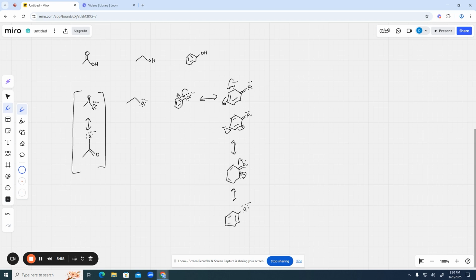But there's another key detail to pay attention to here, outside of the number of resonance structures, and that's to look at charges on specific atoms. So if we look at the third compound's conjugate base resonance structures, we can see that on most of these resonance structures, there are electrons on carbons. Now you should know that carbons are not very electronegative.